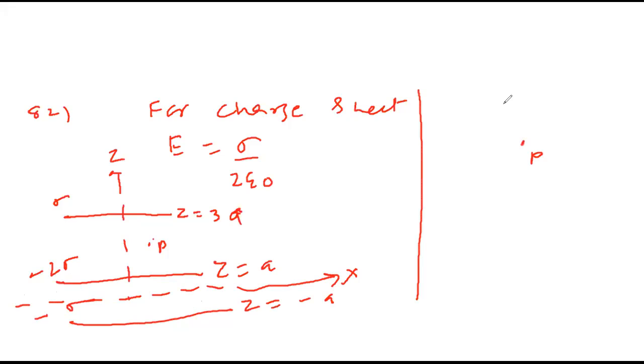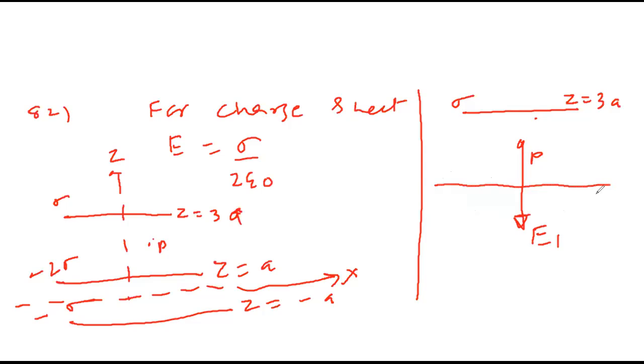So for point P, at Z equals 3a with charge sigma, will the intensity be outward or inward? Say sigma is positive, so for this sheet the intensity will be outward, for a positive charge even. Yes, sir, outward.